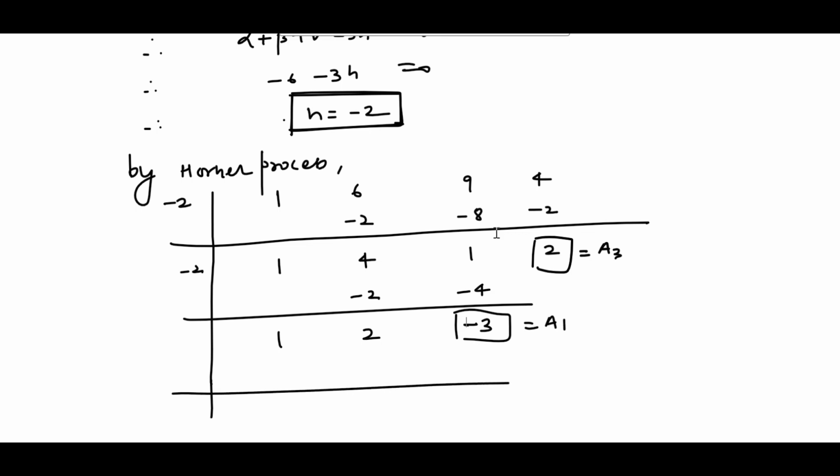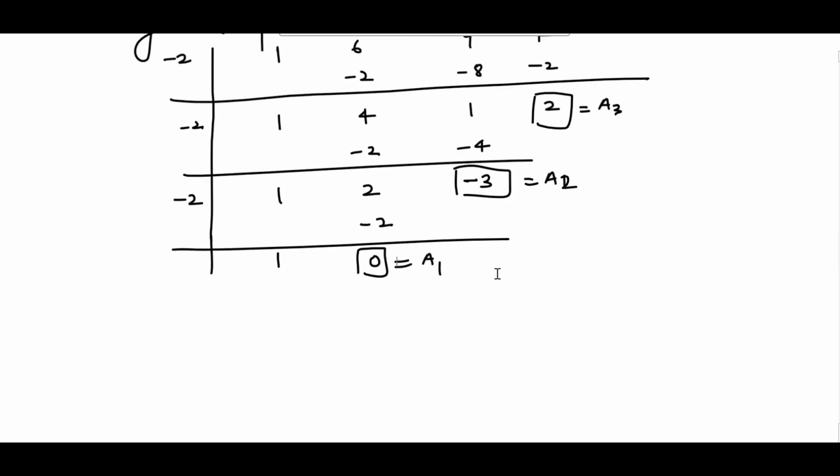Again apply the negative 2, that is a 1, negative 2, it will give 0, that is a1. Sorry, here will be that is a2, that is a1, and the last value, that is negative 2, 1, it will give a naught.